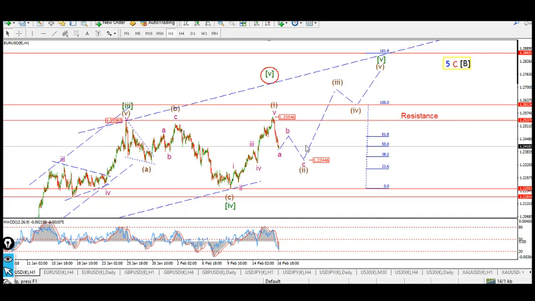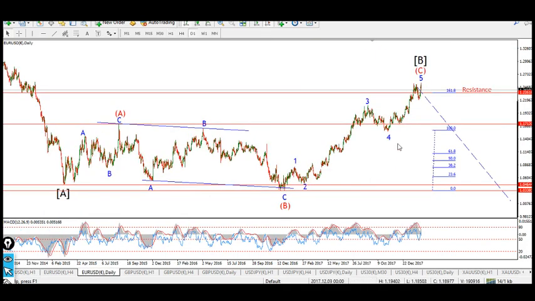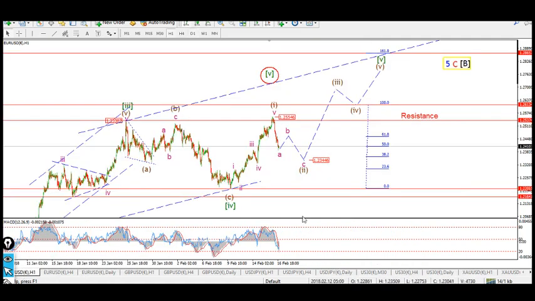If we get that 5-wave structure down and a break of that key support there, then the alternate count will be triggered. Wave 5 will be in, and we're on for tracking the decline into the large wave C that I was talking about on the daily chart, this large wave C down, which will bring prices below parity. And I think a long way below parity. Okay, that's the long-term view anyway.